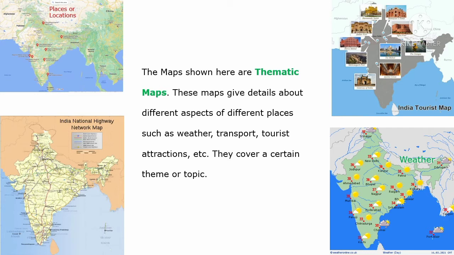So you can see the different tourist places in different parts of a country, and finally at the bottom you can see the weather reports. You can even see different places having different temperatures. That could also be shown in thematic maps.